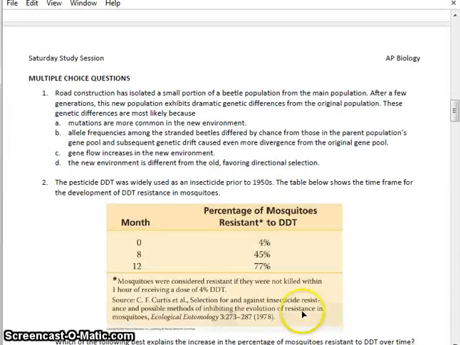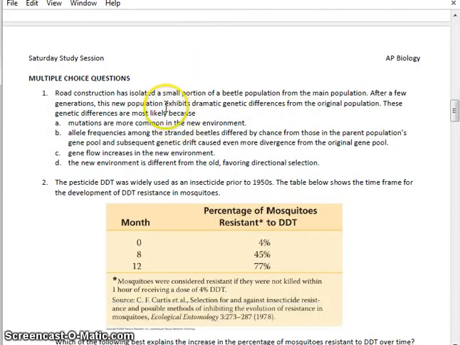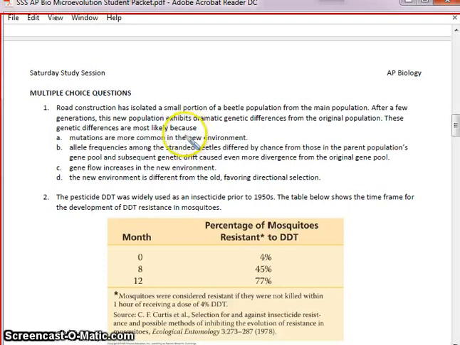Now, if we go back to the original question, let's look at some of the answers. It says, could these differences be due to mutations being more common in the new environment? Mutations are a source of genetic variation, but it doesn't mean that one population is going to have more mutations than the one it was separated from.